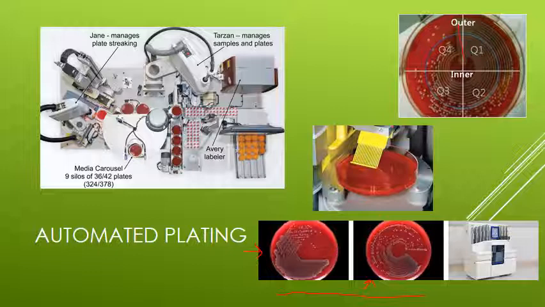Your lab will set the procedures and the parameters for that instrument, and then it uses this comb-looking thing. You see this here, a new one, obviously sterile for each one, and it drags it along in a circle around the plate, which allows for the dispersal of all the organisms.